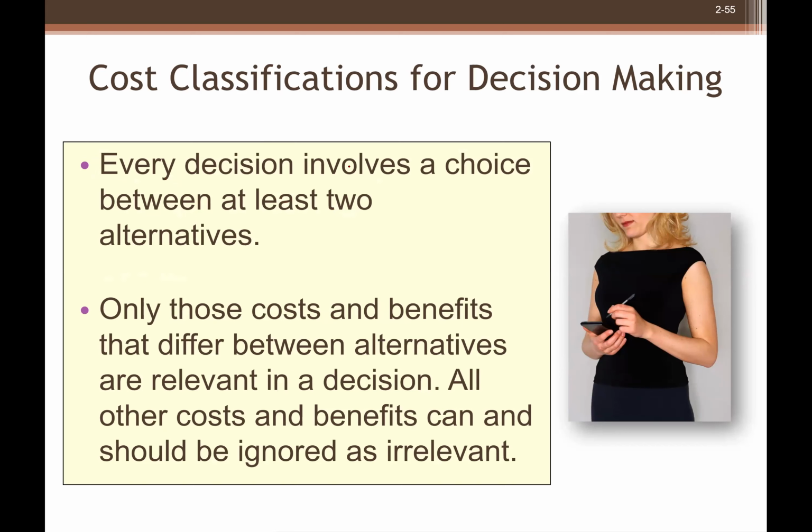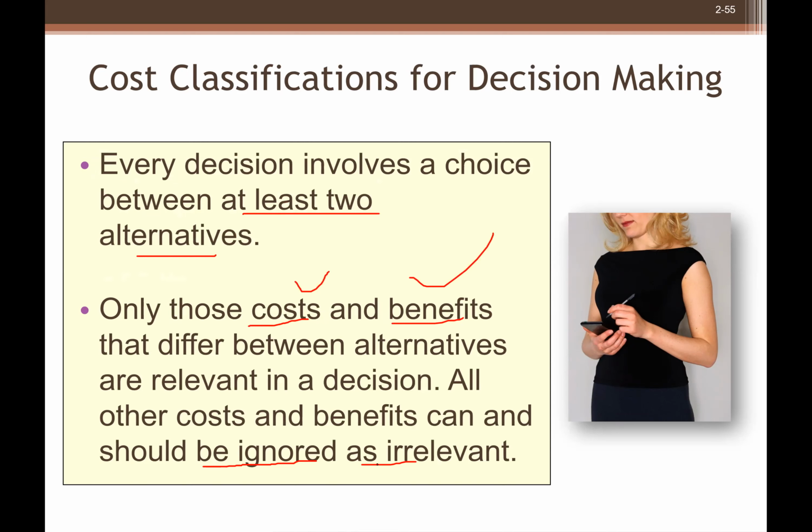So every decision involves a choice between at least two alternatives. So in deciding the alternative, you must compare costs and benefits, right? And you decide whether these costs or benefits are relevant or not. All other costs and benefits that are irrelevant must be ignored, right?